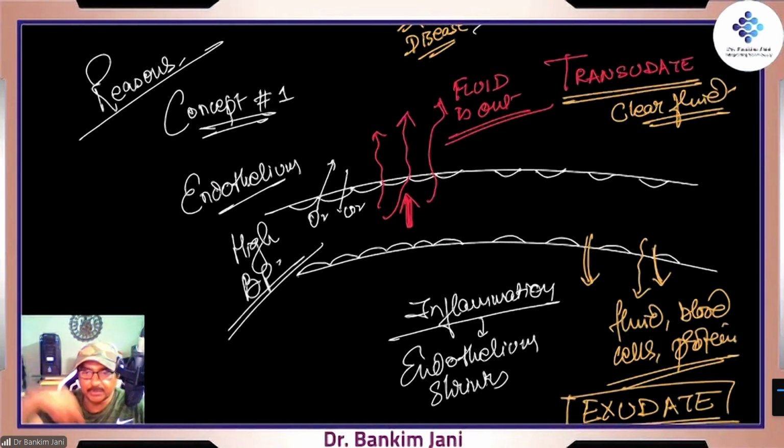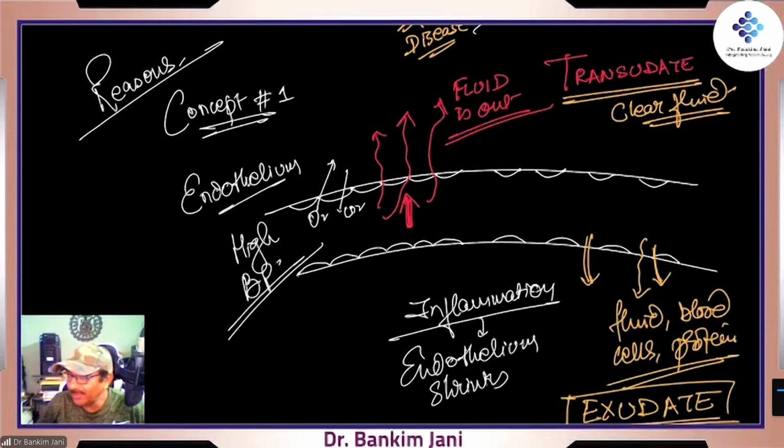You are a senior doctor, the junior comes, and in a test tube, this patient was having pleural effusion, so we have tapped it. Tap means putting a needle in. In the syringe, we have taken some fluid out. And you see that fluid and you tell him or her, what's your diagnosis?